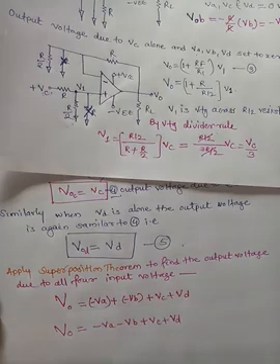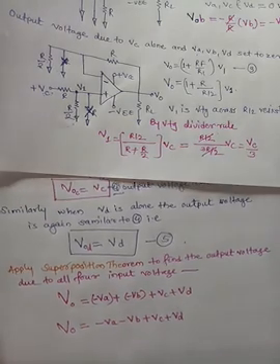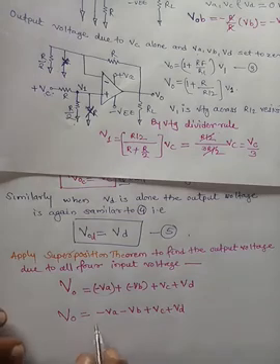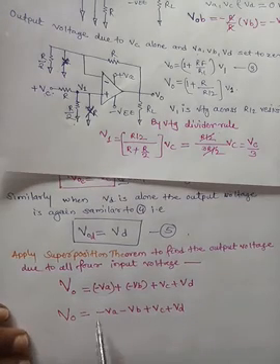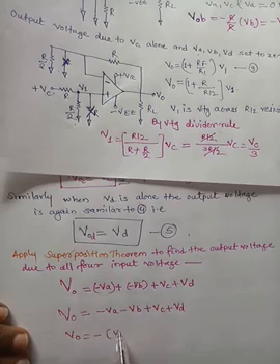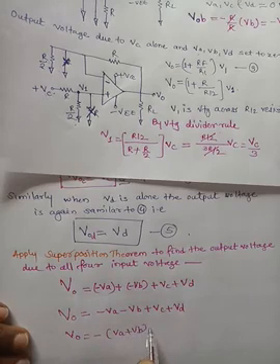What does the negative sign indicate? The negative sign indicates that the input is given to the inverting input terminal. So the output voltage is the sum of the input voltages applied to the non-inverting input terminal, plus the negative sum of the input voltages applied to the inverting input terminal. We can also rearrange this equation as VC plus VD minus VA plus VB.